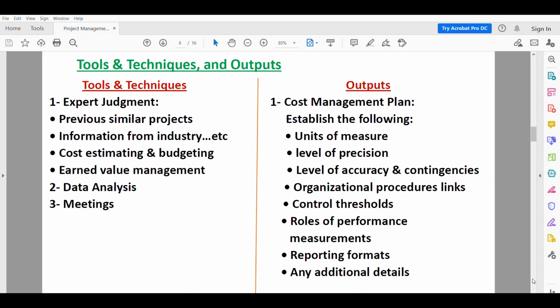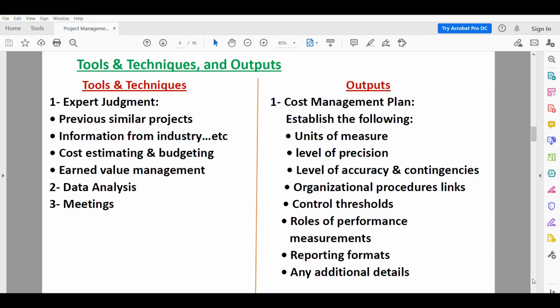The other thing which will be established in the cost management plan is the reporting formats. In what formats do you report your cost and expenditure? And the last one, any additional details, like description of strategic funding choices, a procedure to account for fluctuations in currency exchange, and so on.